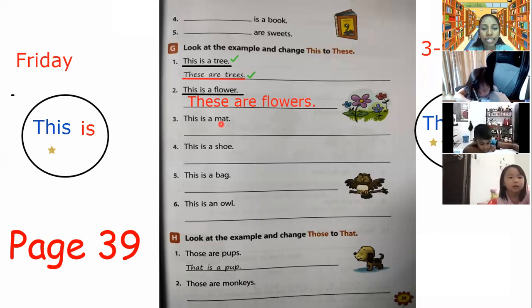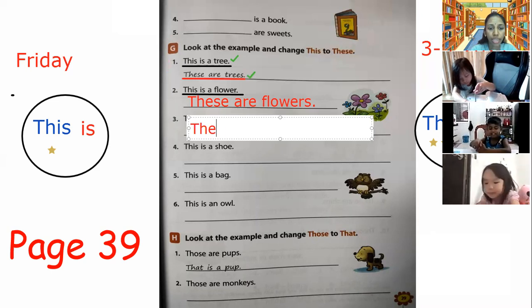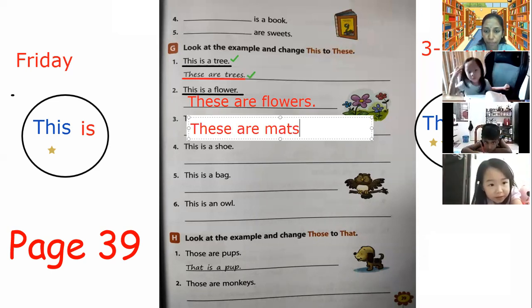Can someone tell teacher, do any one of you want to try how to make this sentence? Yes, Sharveen, you may try how to make this sentence into a plural noun. How are you going to change? These are mats. Very clever. These are mats. And put a full stop. Very good.